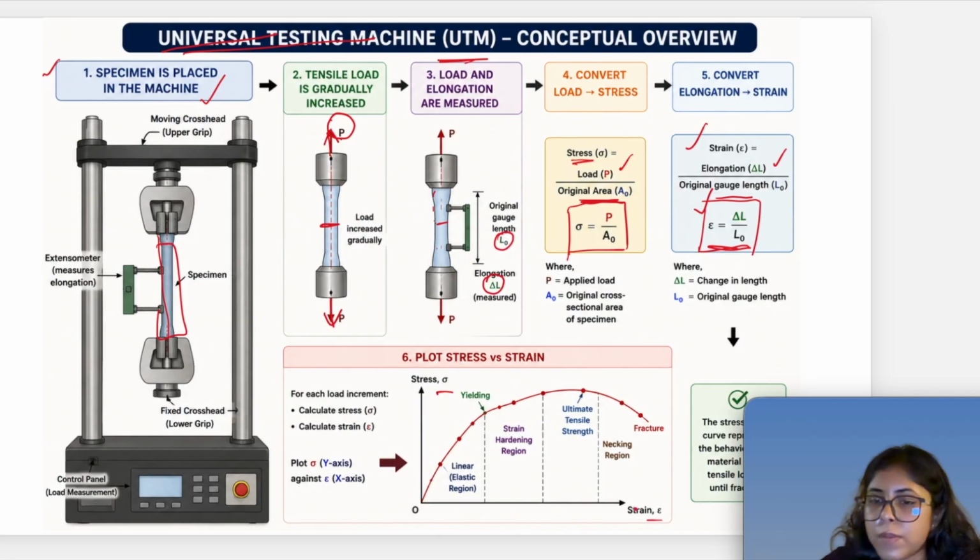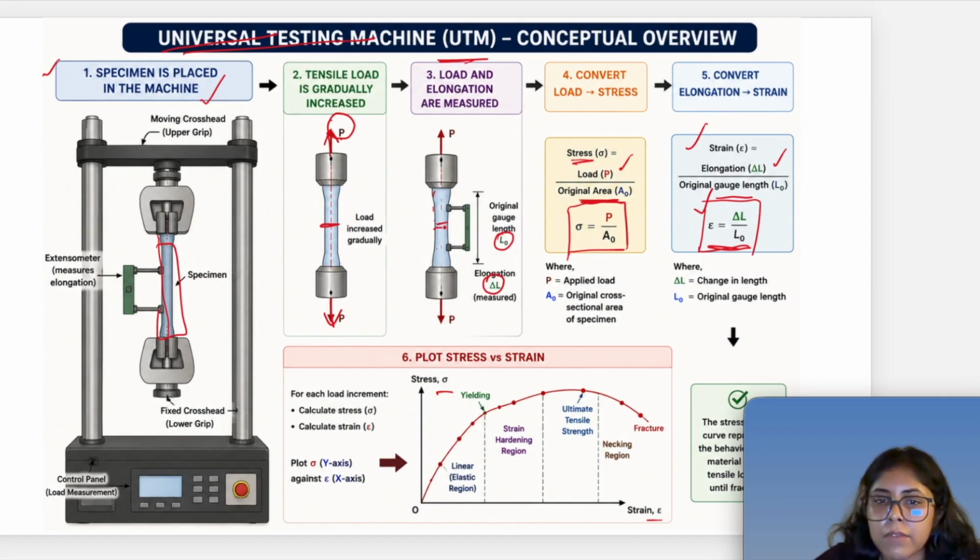So strain will be on the x-axis, stress will be on the y-axis, because strain is the independent variable, and stress will be dependent on that. So with each and every strain, we'll be plotting how much stress was generated. And then we'll be doing it up to the point where the material breaks down.